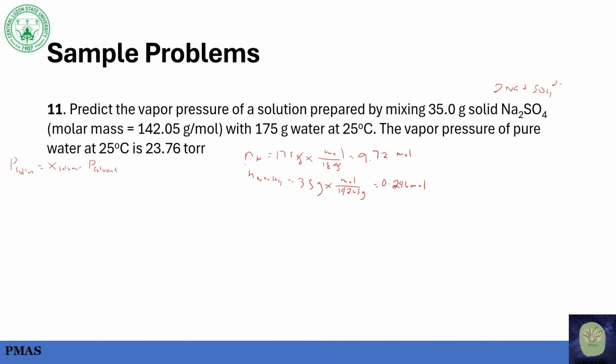Therefore, this will be multiplied by 2 plus 1, or by 3, right? So the number of moles for sodium sulfate would be 0.738 moles.